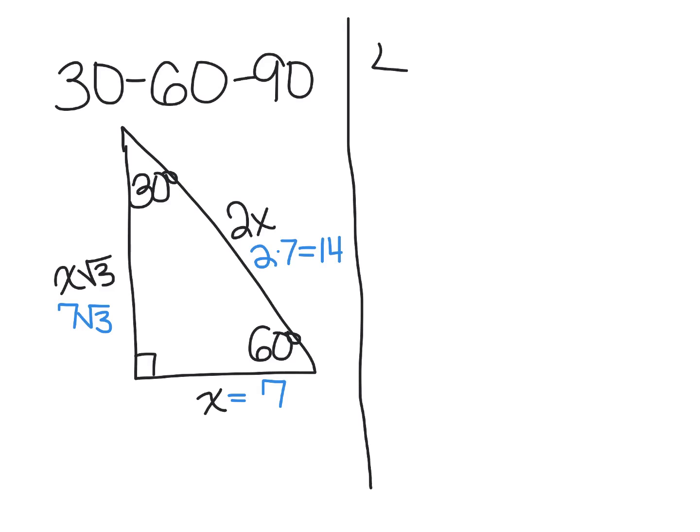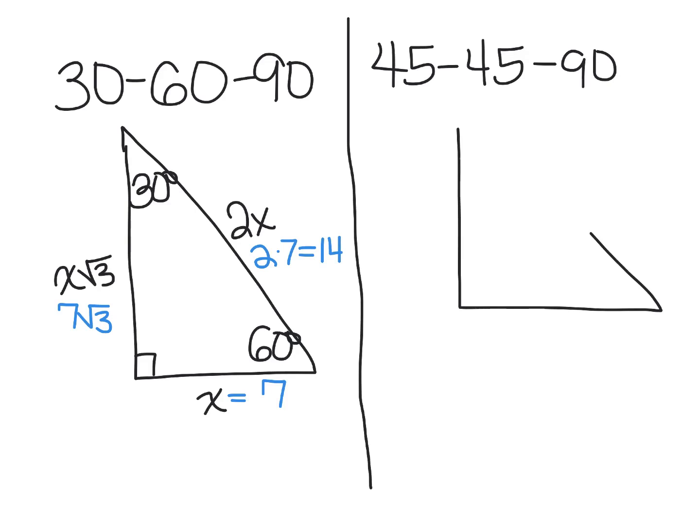The other special right triangle that we work with is an isosceles right triangle. That's a 45, 45, 90 right triangle. So if I have an isosceles right triangle, that means my 2 legs are congruent, since the angles opposite are also congruent at 45 degrees.